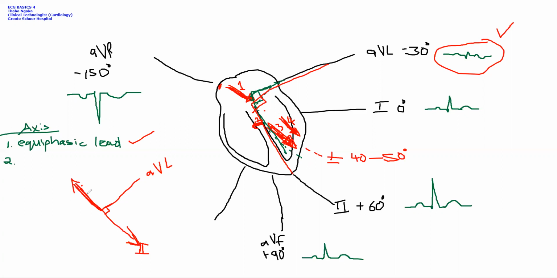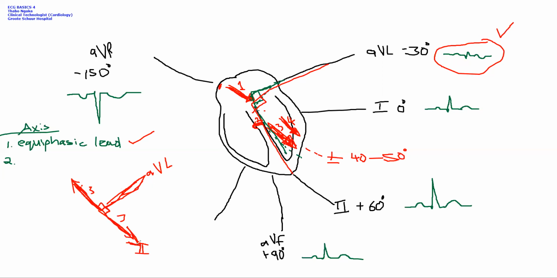Vector 3 could be moving that way because that's still perpendicular to AVL. Even if it's moving that way, it's still at 90 degrees and it will still give you a biphasic or equiphasic deflection. Or it could be moving in the normal direction, which obviously is going to give you this morphology. So how do we know whether vector 3 is moving this way or that way?